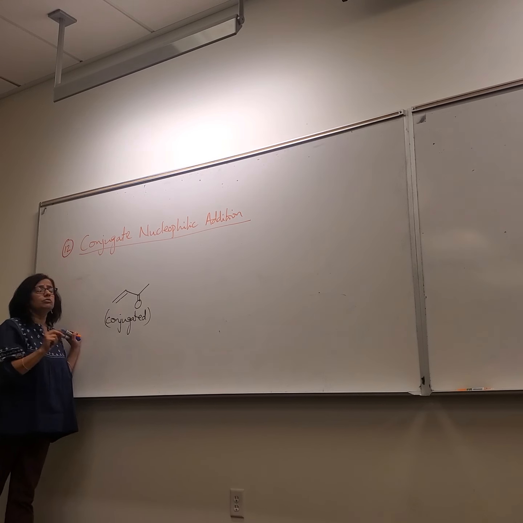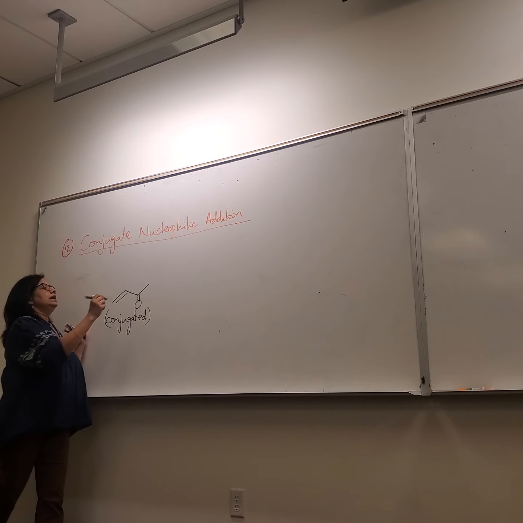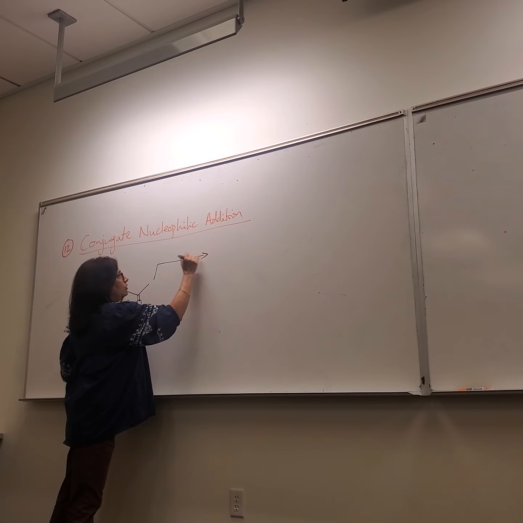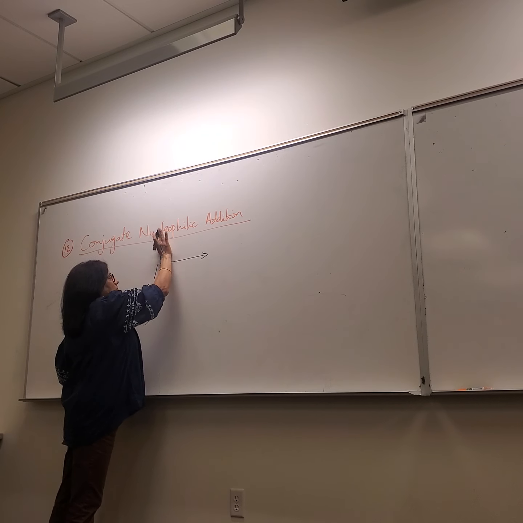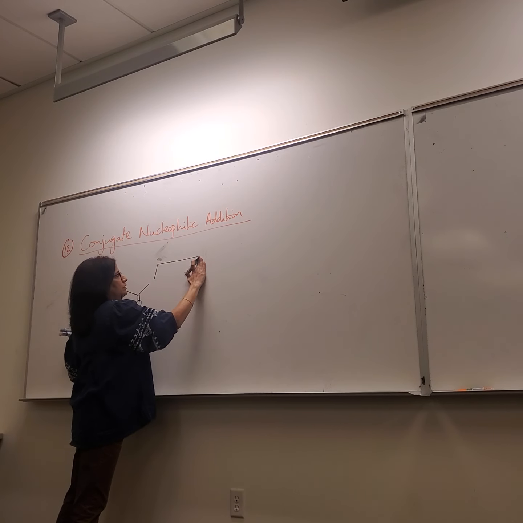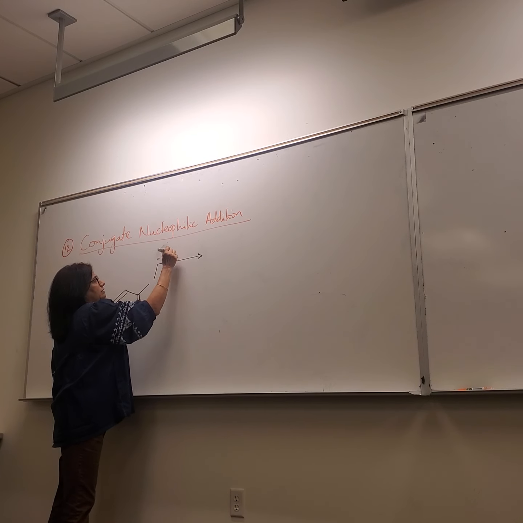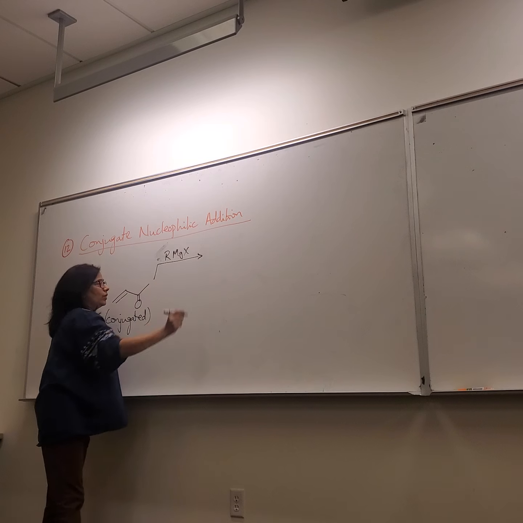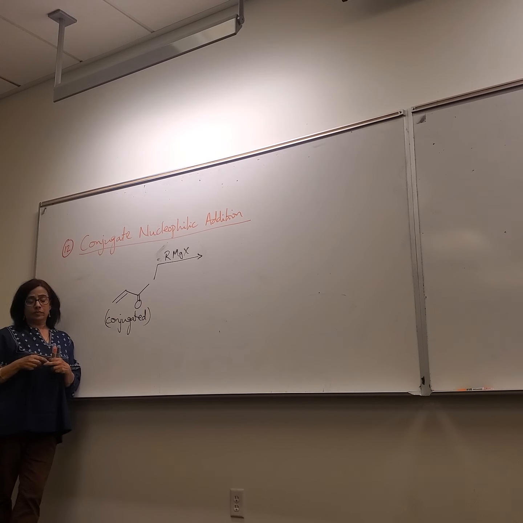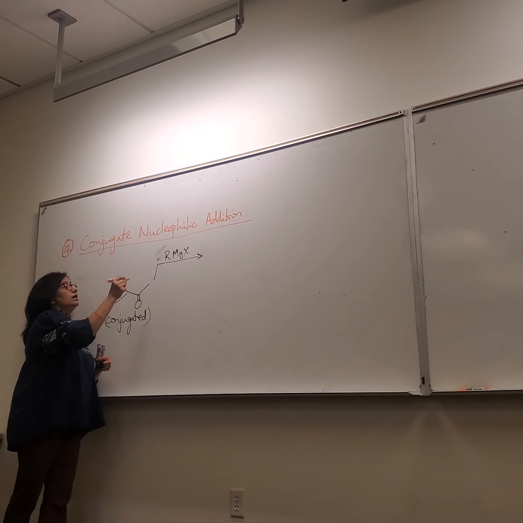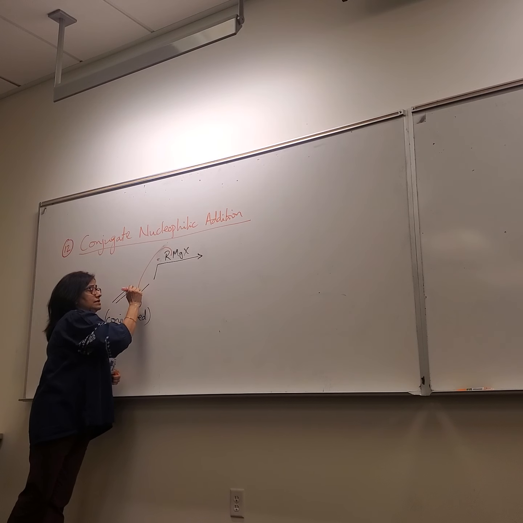So I want to ask you, because we've seen this before, if I were doing the following reaction, I'm going to do it step by step. First I'm going to react it with, let's just say, RMgX. Where would R go? The C double bond O. Okay, R will go to the C, isn't that right?